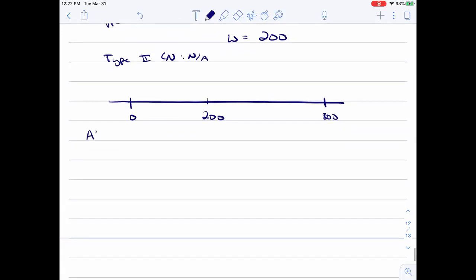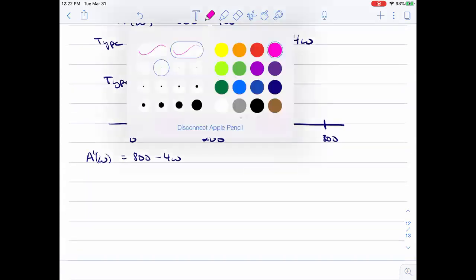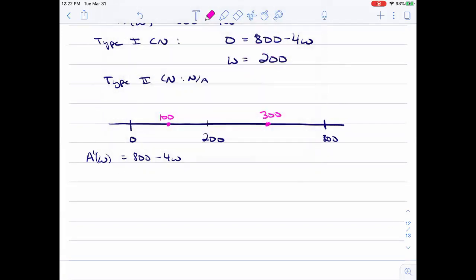Same thing as I just did in the review. The derivative of A is 800 minus 4W. If I just pick a point here, let's use maybe 100, and let's use, I don't know, 300, just to pick some values.